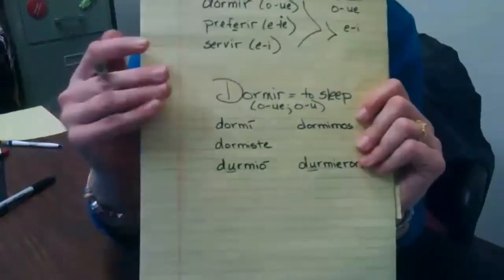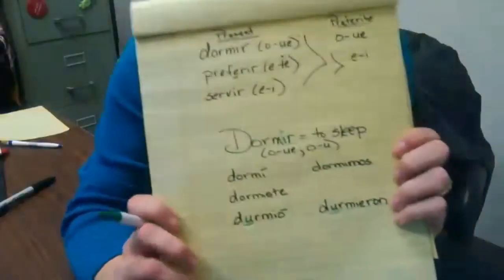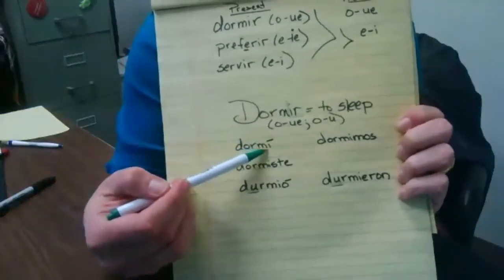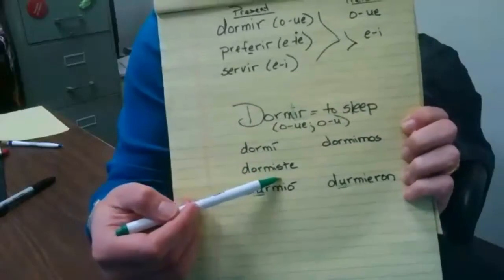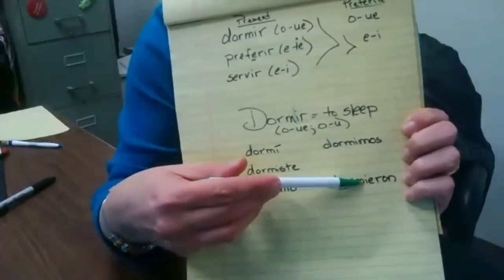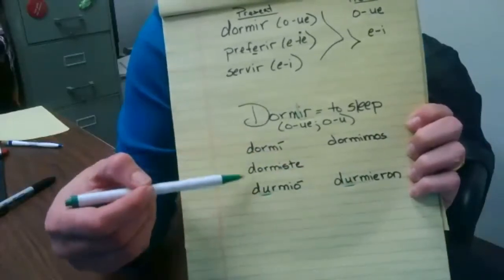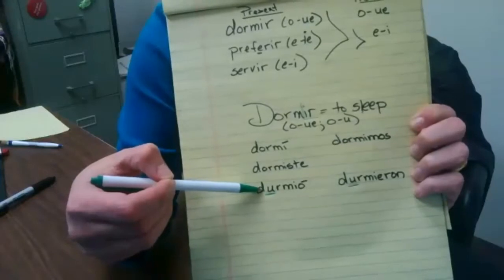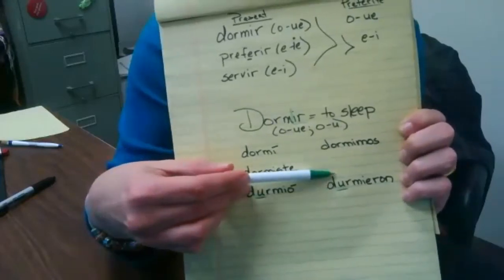I took off my IR ending and I put my new endings on for the past tense: í, iste, ió, imos, ieron.